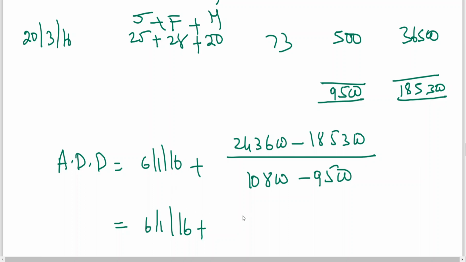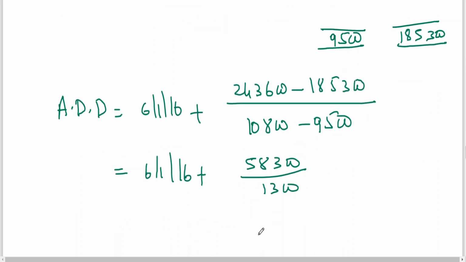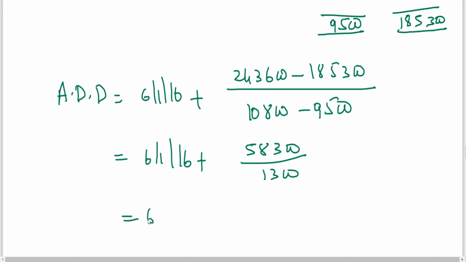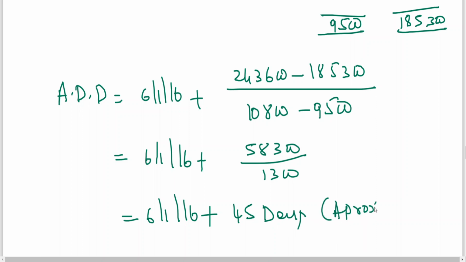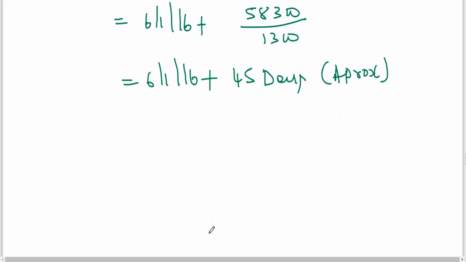You are getting 58,300 by 10,800 minus 9,500. You are getting 1,300. So 58,300 by 1,300, 44.84 days you are getting. So 45 days approximately. So average due date is 45 days away from 6th January 16.